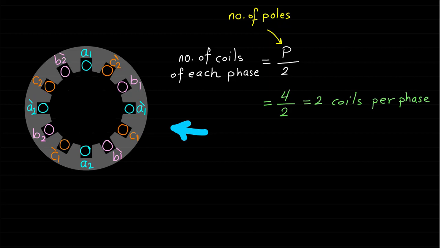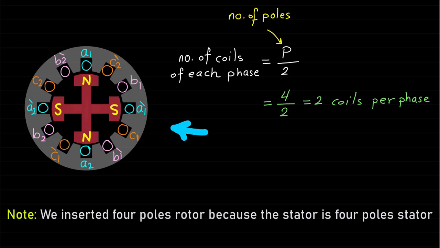The other way to confirm the number of poles or number of coils of the concentrated windings is by inserting a four-pole rotor inside the stator and proving that each rotor pole faces one side of the phase coils of the stator, as shown in this example.